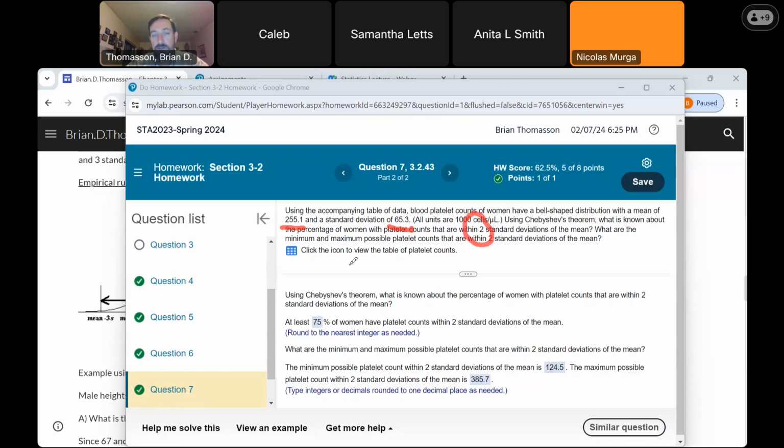With Chebyshev's theorem, we do 1 minus 1 over k squared. In this case, our k is 2. So 1 minus 1 over 2 squared is 1 minus a quarter, or 3/4. They want it in terms of percentage, so 3/4 is the same thing as 75%.